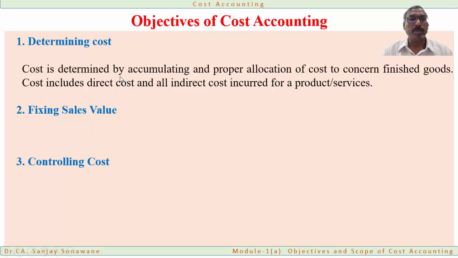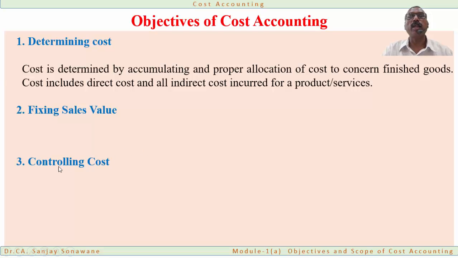Cost is determined by accumulating proper allocation of cost to the finished goods. So here we need to understand what are the various classifications of cost. Firstly, every kind of cost is taken into account before valuing the cost of manufacturing finished goods.